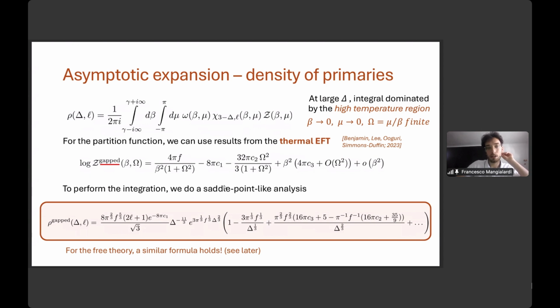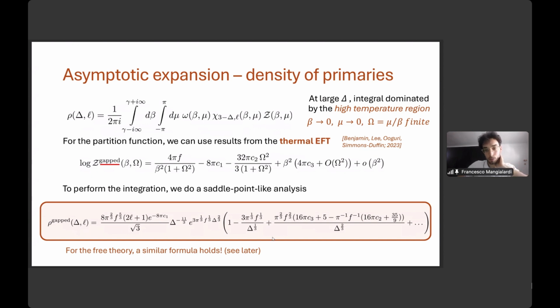Now that we have a formula also for our partition function, we can actually perform the integration doing a saddle point type of analysis and obtain an asymptotic expansion for the density of states for a gapped theory for large values of delta.